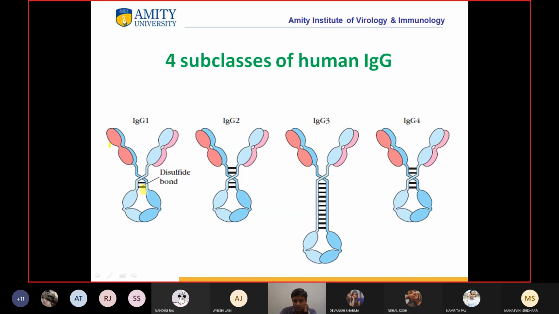You can see that there is variation in the number and position of the disulfide bonds in different subclasses of IgG, right? Clear? Okay, so these are the major differences between the four subclasses of human immunoglobulin G.